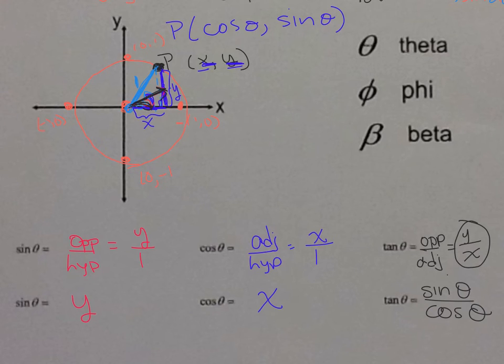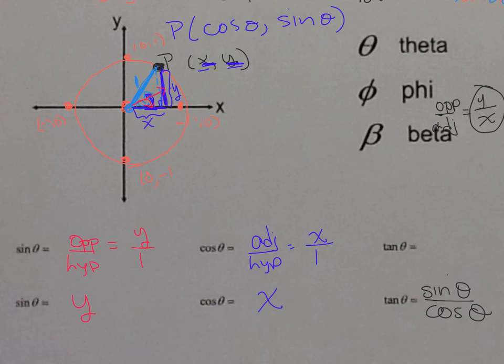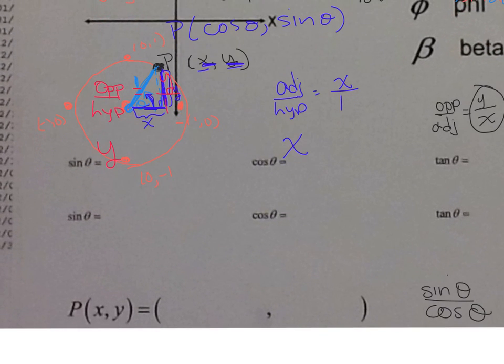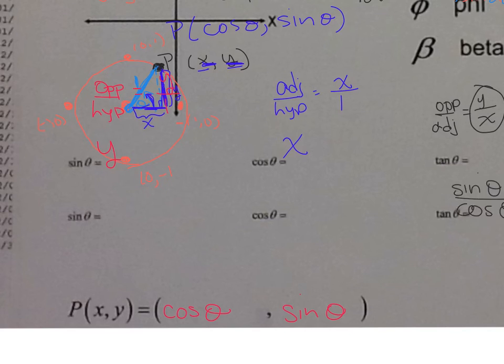Down here at the bottom of your paper, just fill that in: your point P is x is cosine theta, and y is sine theta. You have to know that a point is represented as cosine and sine, and that tangent is sine over cosine.